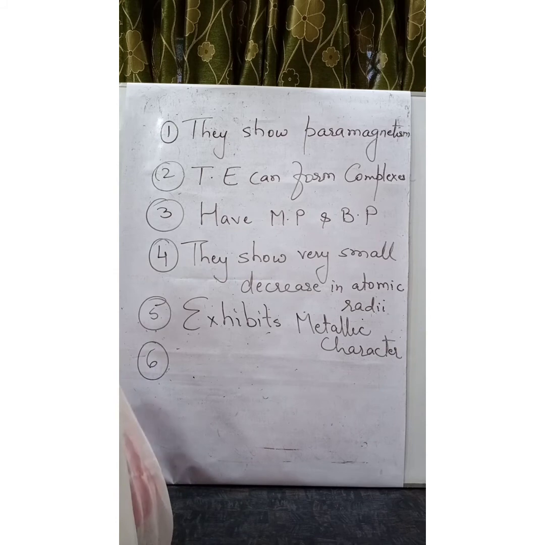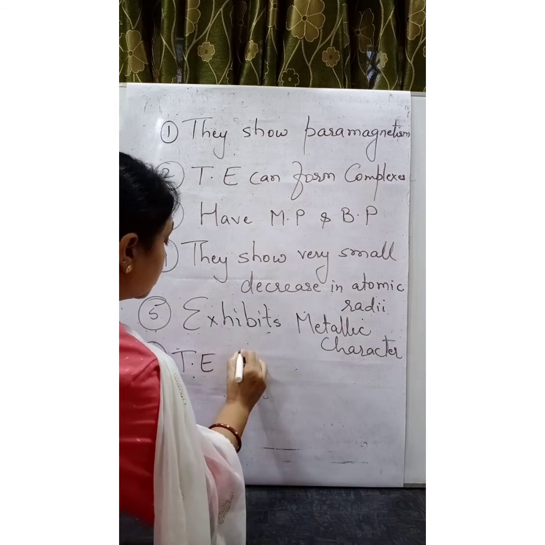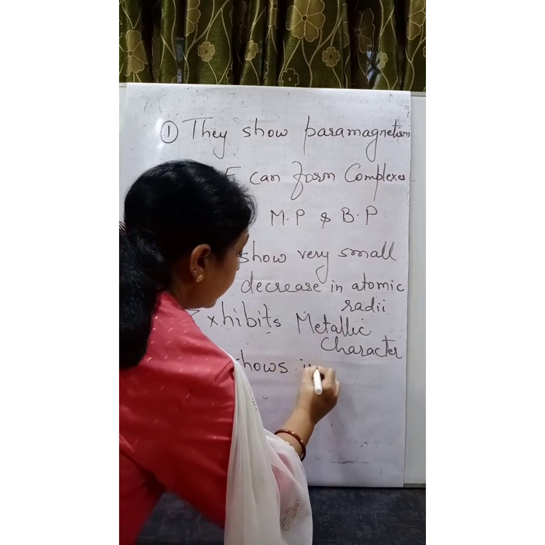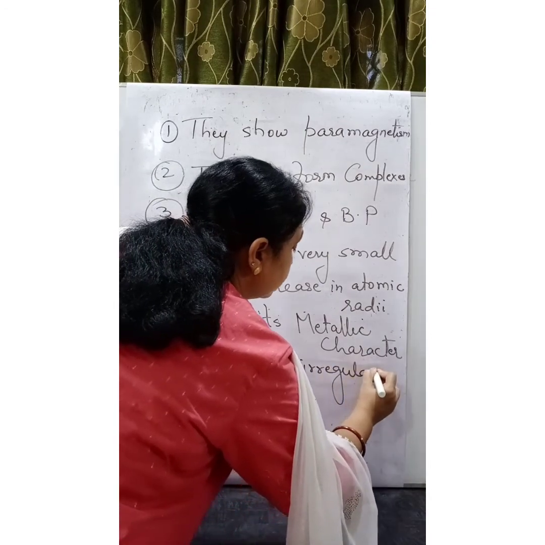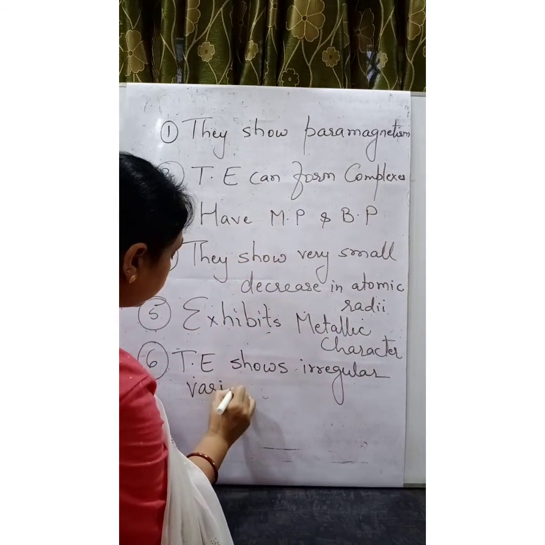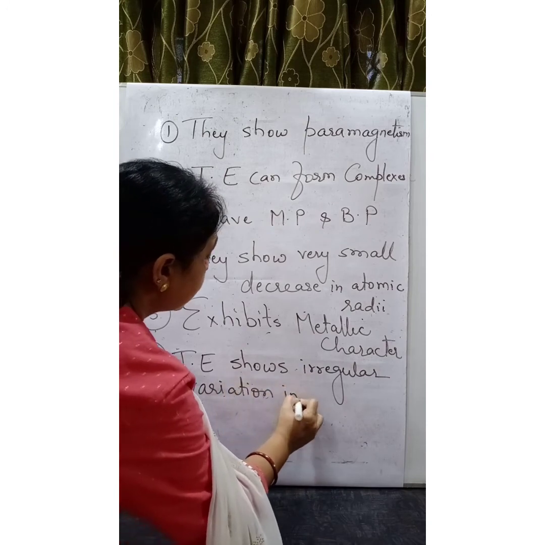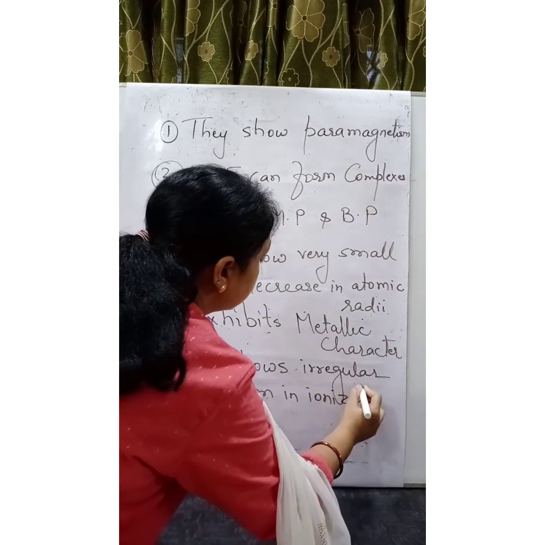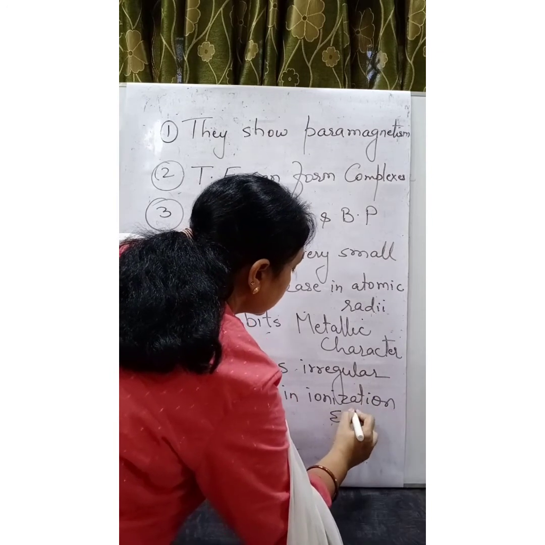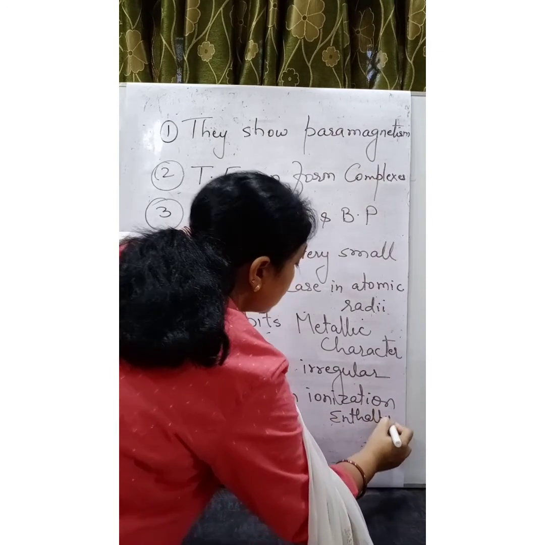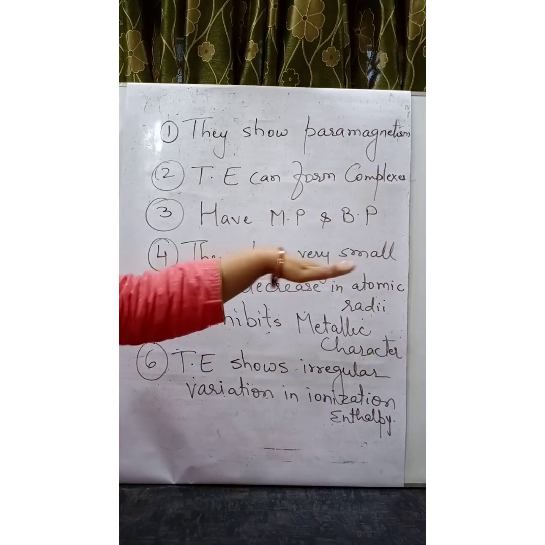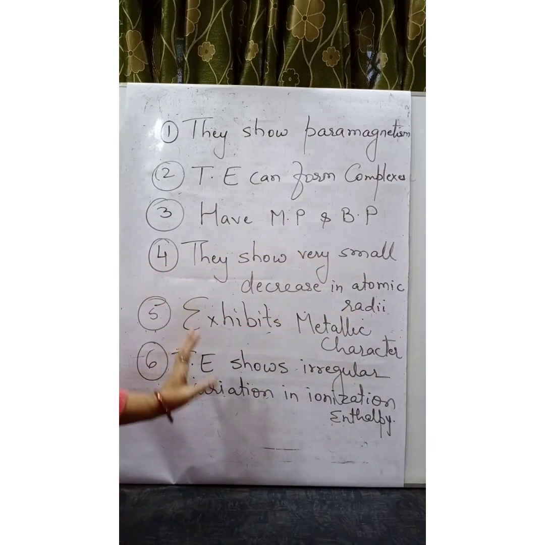The sixth characteristic of transition elements is that they show irregular variation in ionization enthalpy. The normal trend is that as we move from left to right in a period, ionization enthalpy increases as the atomic size decreases.